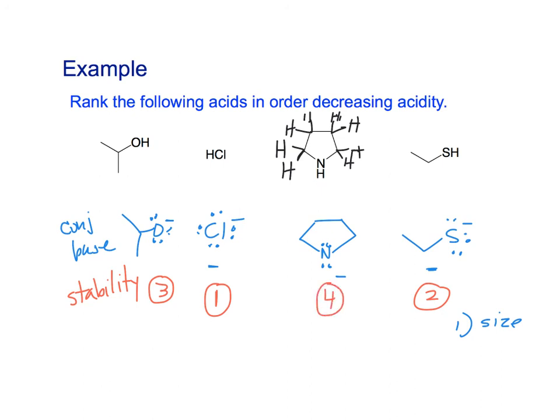So this is in order of stability. And so then the order of acidity is going to follow the same order. So hydrochloric acid is going to be the most acidic. This thiol here is going to be second. The alcohol is third. And this amine is fourth.